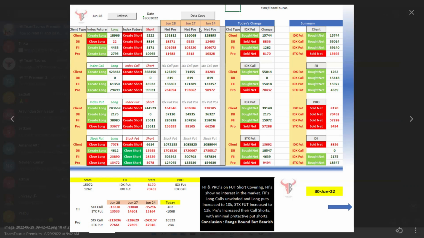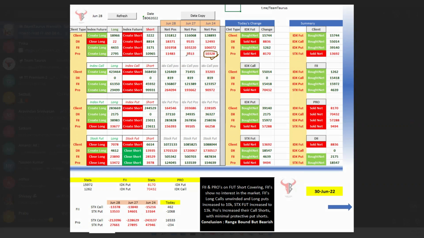On 24th, you can see that pros are on the sell side of futures. The number you see here is the number of futures they are holding at that particular day end. So on 24th, by the end of the day, they have 10,328 futures sold.